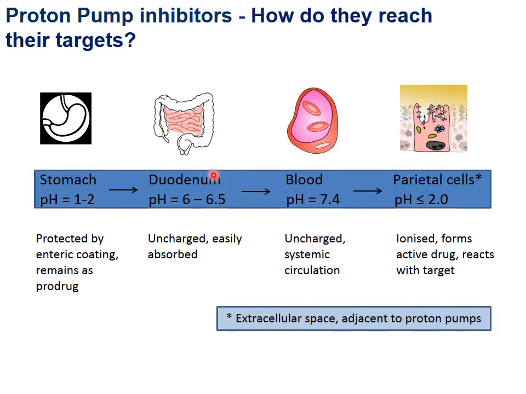Once the capsules reach the small intestine, the proton pump inhibitor is absorbed and enters the circulation, and so via the blood and the capillaries it finally reaches the parietal cell, where it has to cross both the basolateral membrane as well as the apical membrane before it can actually interact with its biological target.